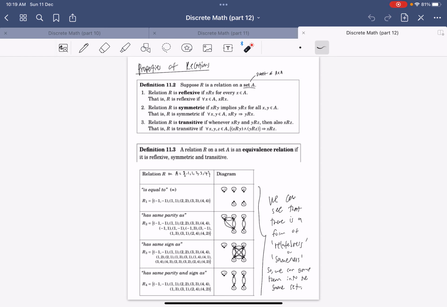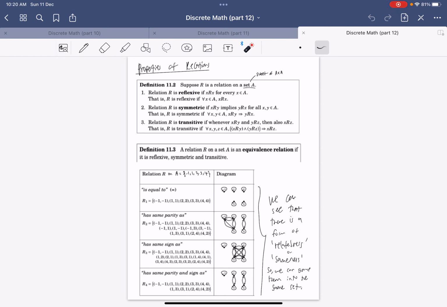So, for example, 1, 2, 3, and 4, they are all positive, and so that's what it means to have the same sign. So, they are all related in the sense that they have a similar property of being the same sign. -1 is isolated because it's the only negative number, but it can be considered as a separate group that is disjoint from the others.